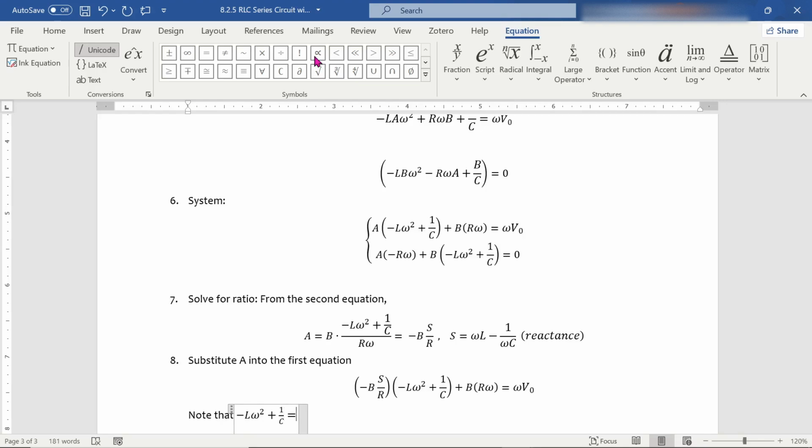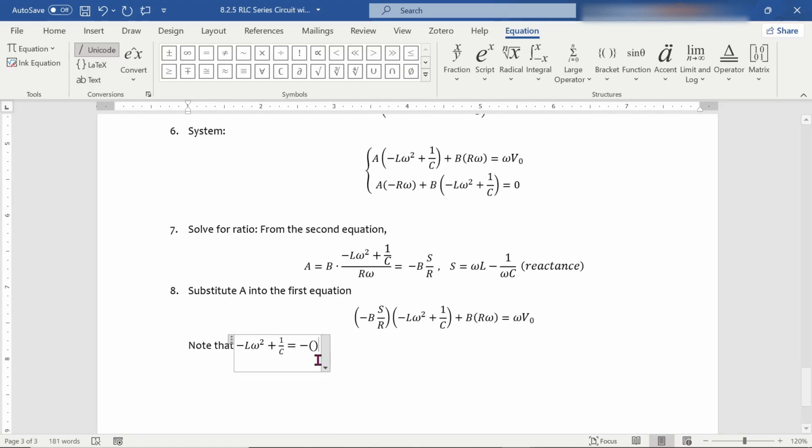equals minus omega L minus 1 over omega C times omega. So that's times omega, or we can write this as minus S omega.